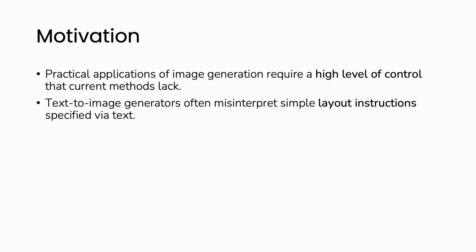The motivation behind our method is simple. First, despite the success of text-to-image generation, many practical applications of image generation, particularly in a professional context, require a high level of control that current methods lack. Second, current state-of-the-art text-to-image generators often misinterpret simple layout instructions specified via text.